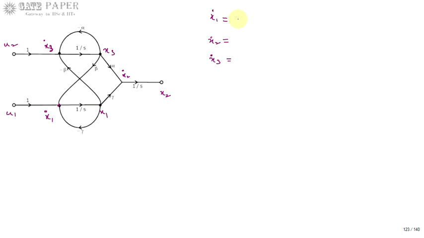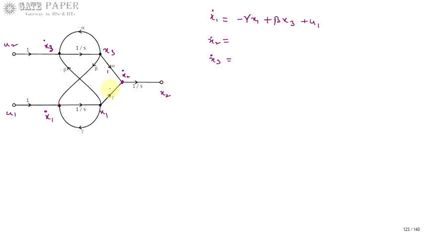So you can write it as minus gamma times x1, and there is no relation with respect to x2. The other incoming arrow is from x3, that is plus beta x3, and one more is from u1, so plus u1.